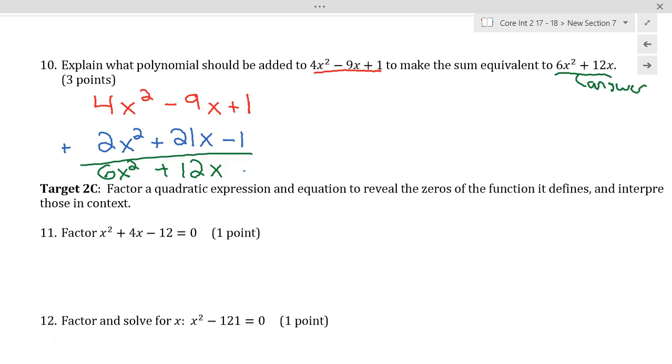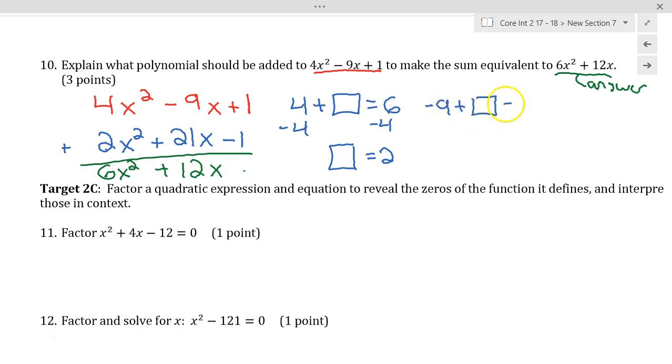The other way to do this problem is 4 plus some blank equals 6. Subtract 4 from both sides. My first blank is 2. That's where that 2 comes from. Then, negative 9 plus some blank equals my answer, 12.